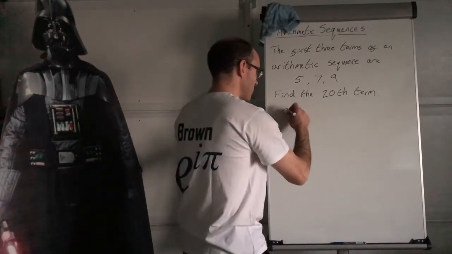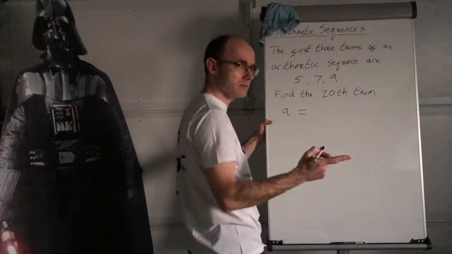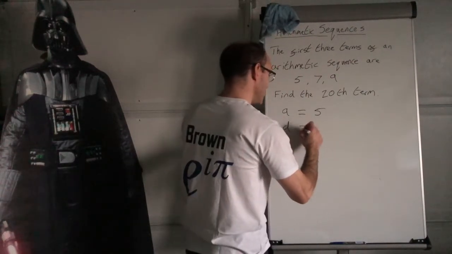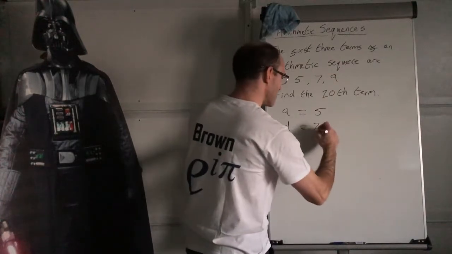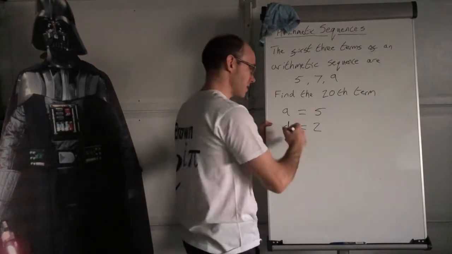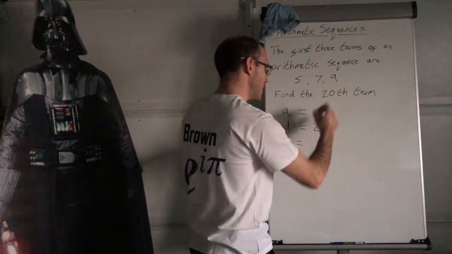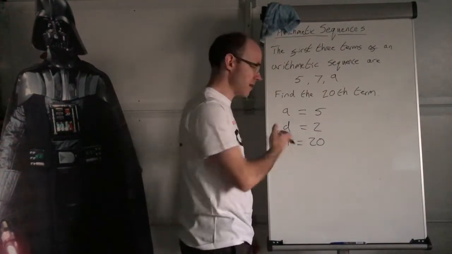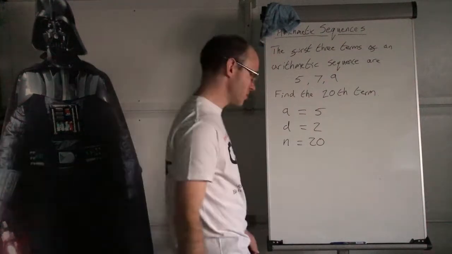So I'm going to write down what the first term is. A, remember, that's 5. Then I'm going to write down what the common difference is. D, which is 2, because it's going up in 2, isn't it? And I'm going to use N as 20. I'm going to assume there's 20 terms in the sequence, so the last term has N equals 20.